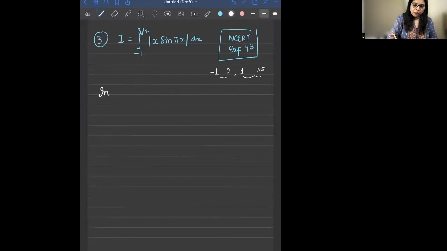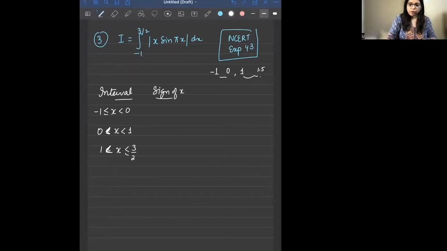So the intervals are minus 1 to 0, 0 to 1, and 1 to 3 by 2. First, let us check the sign of x, then we will check the sign of sin pi x.